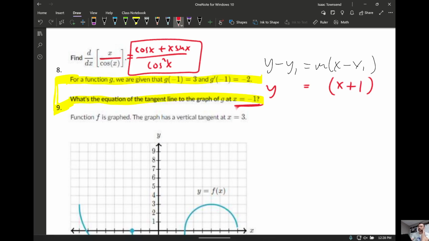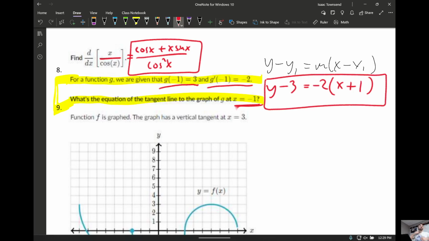Sometimes to find the y value, you have to plug in the x value into the function. But in this question, they give it to us right there. G at -1 is 3. And then sometimes to find the slope, you have to plug the x value into the derivative. But it was given to us right here. The derivative of g at -1 is -2. So it was really just plugging in the pieces.